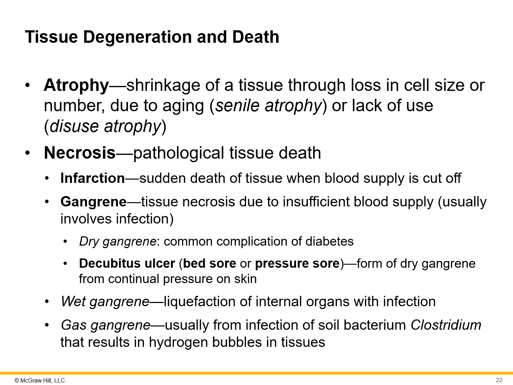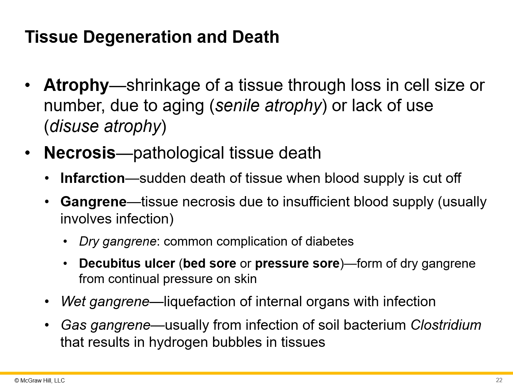When tissue starts to degenerate and die, that's where we have atrophy and necrosis. Atrophy is the shrinkage of a tissue through the loss of cell size or number.